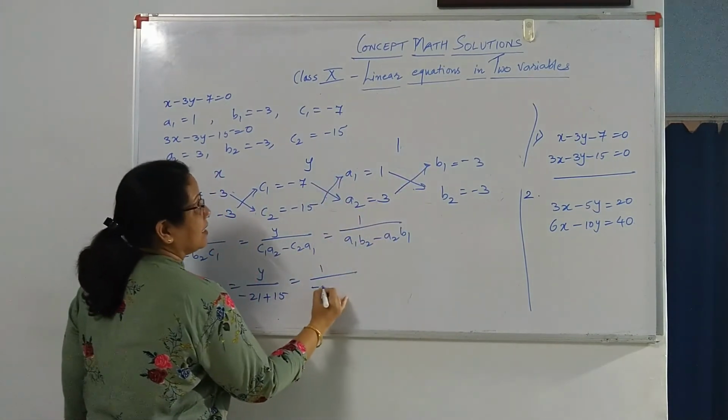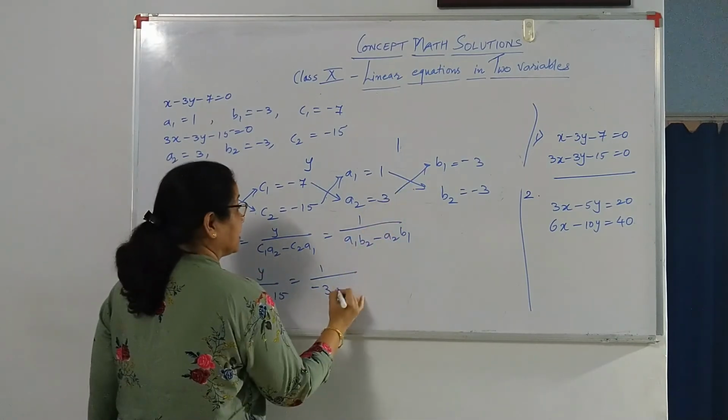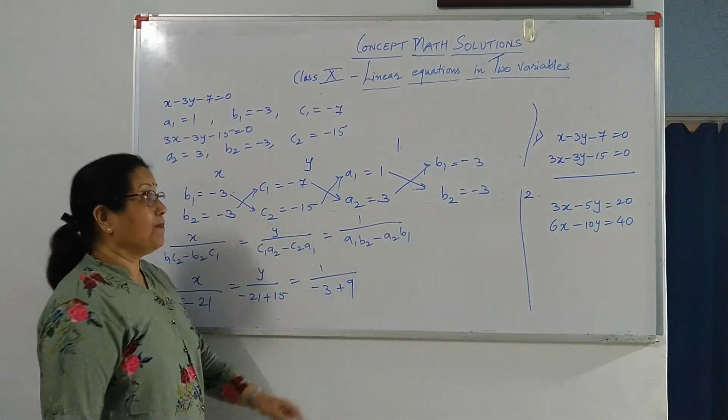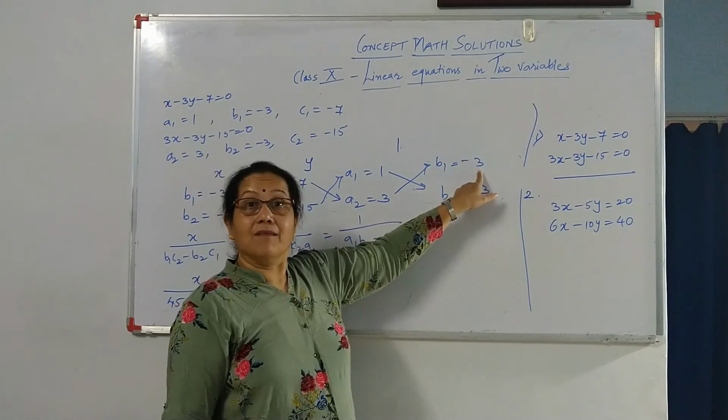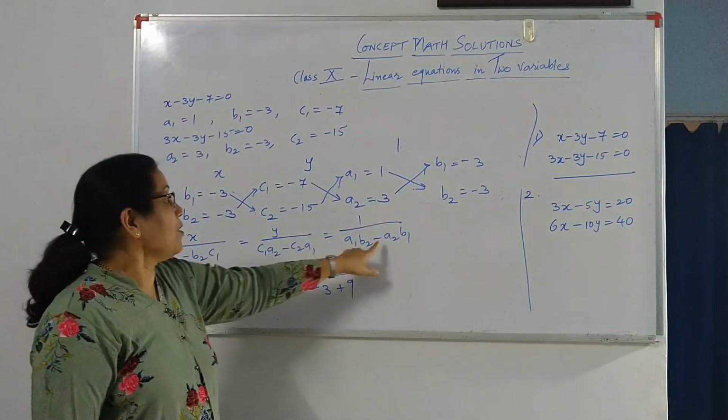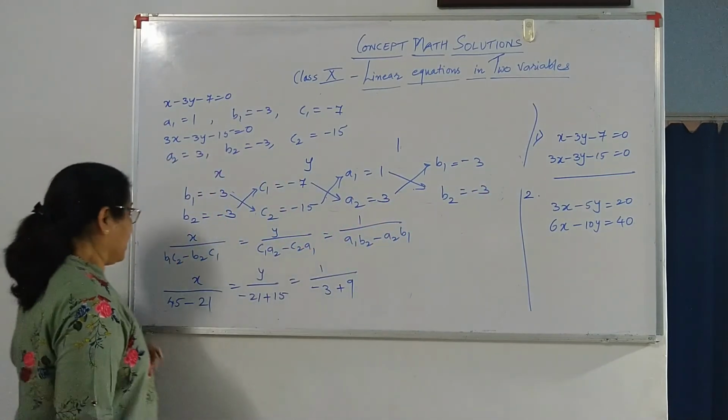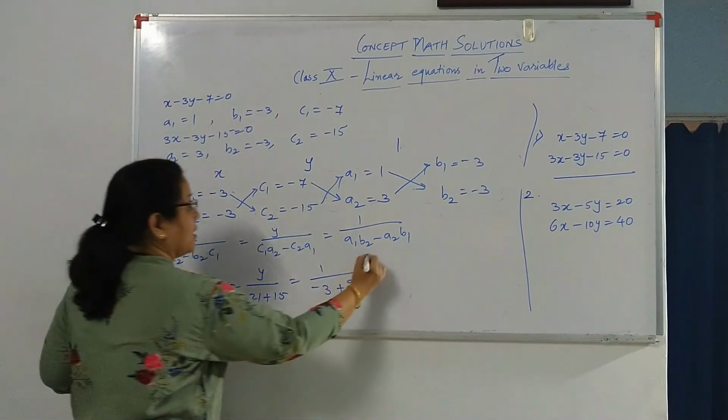So minus 3 plus 9. Why plus 9? 3 into minus 3 is minus 9, and the formula has minus, so plus. Now 45 minus 21.